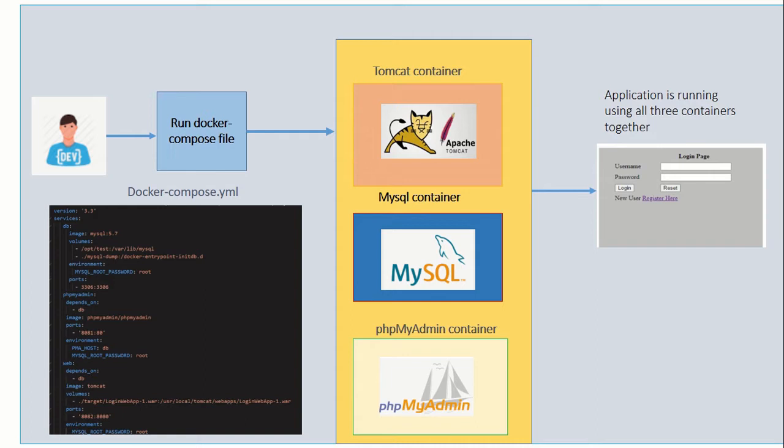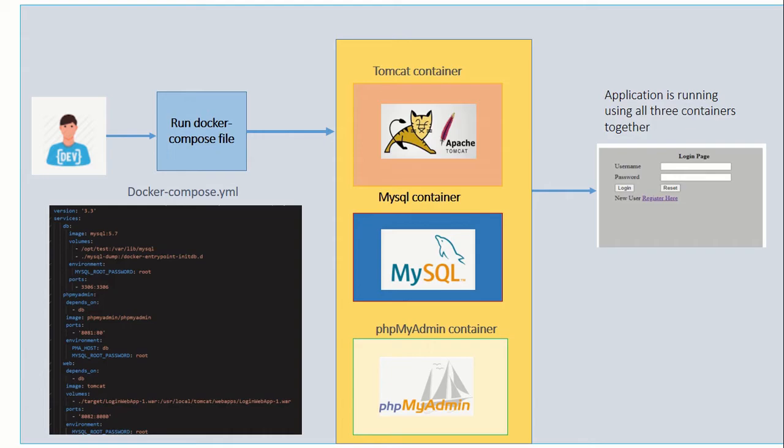What that Docker Compose file is doing is instantiating a Tomcat container, creating a MySQL container, and creating a phpMyAdmin container. So with this one YAML file, you are launching three containers, and these three containers together are deploying your application on the server. As you can see on the right-hand side, the application is running there. So this is how Docker Compose works.